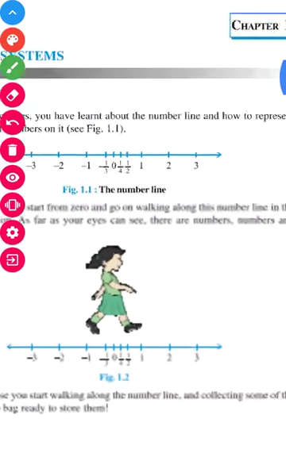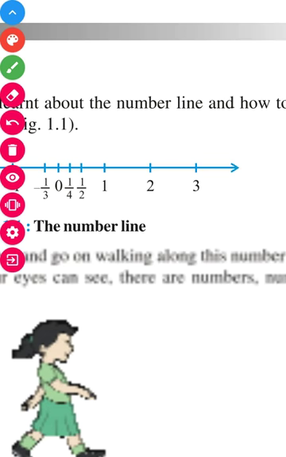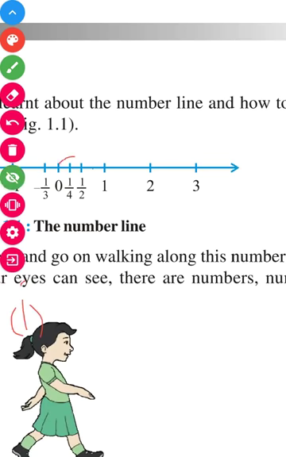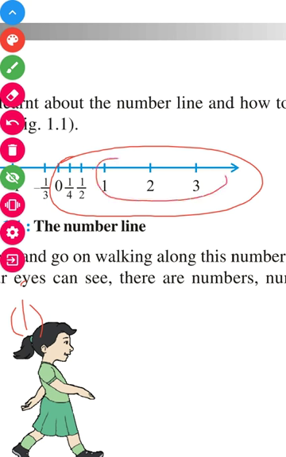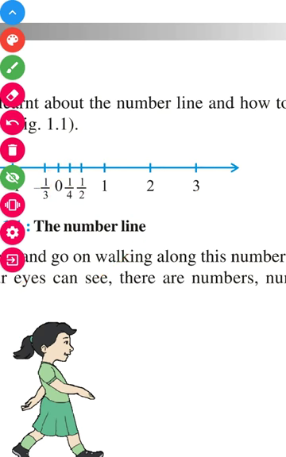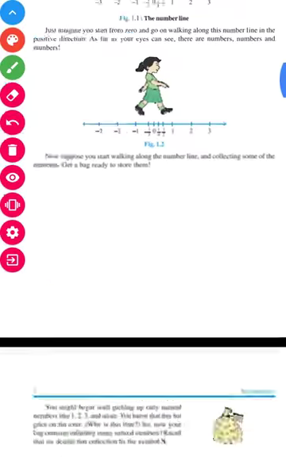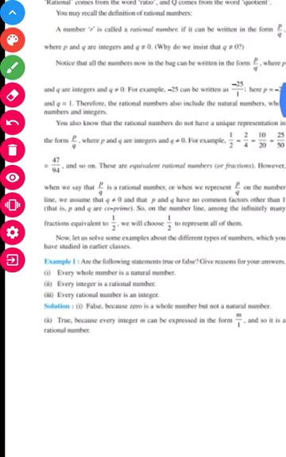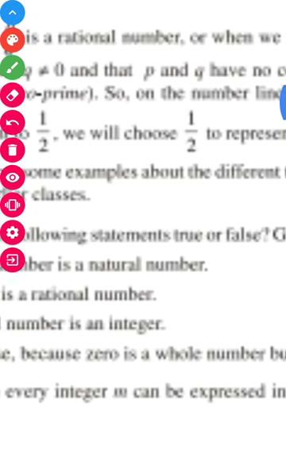We know that a whole number contains these, and a natural number contains only these. I can consider 1, 2, 3 and so on in the natural numbers, but can I consider 0 as a natural number? Definitely no.